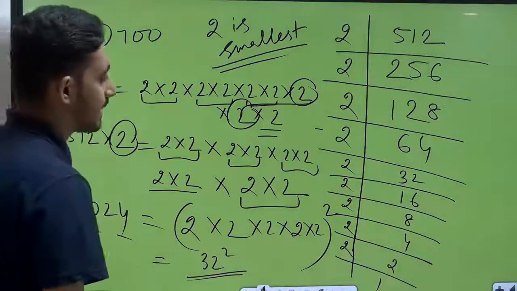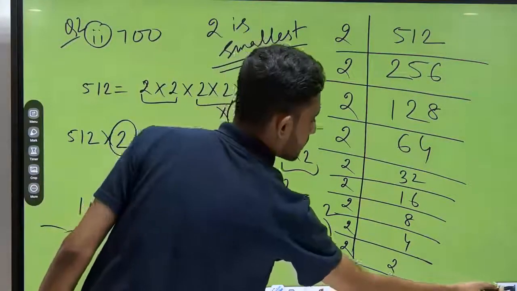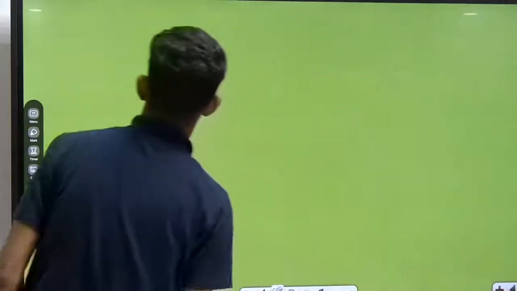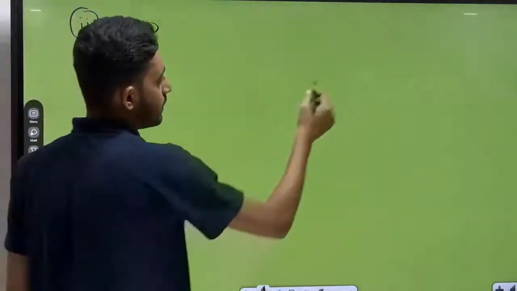Okay, tell me 700 fast. Okay, I'm changing my screen. Second. Now see all of you, 700.